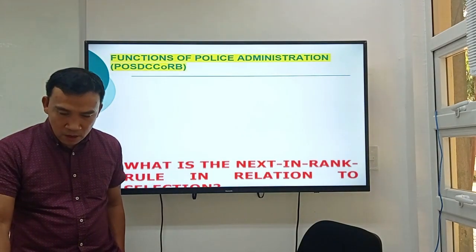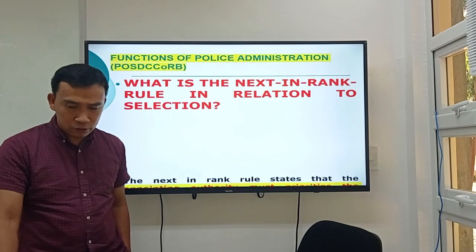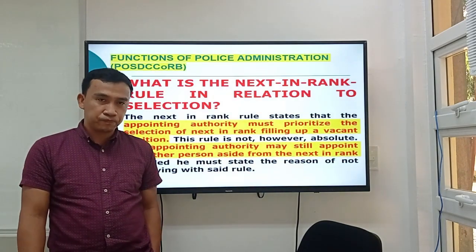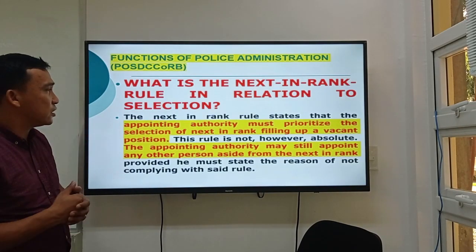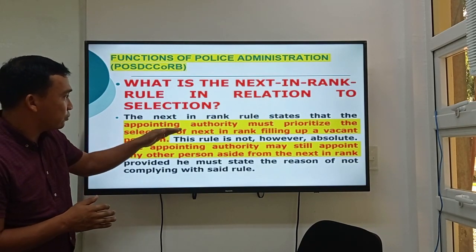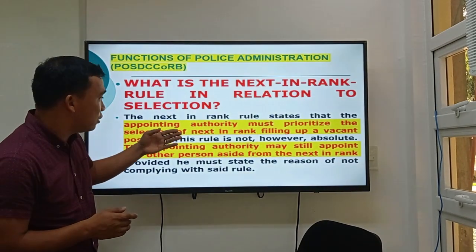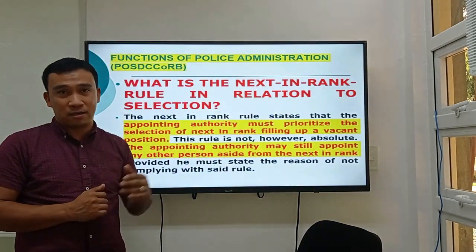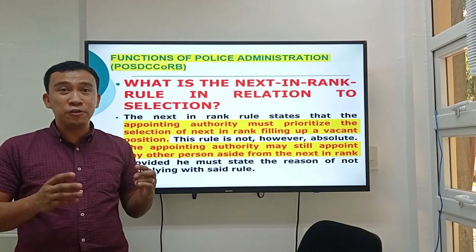Next, what is the next in rank rule in relation to selection? Next in rank rule, meaning the next in rank rule states that the appointing authority must prioritize the selection of the next in rank, or mas tinatawag na seniority.